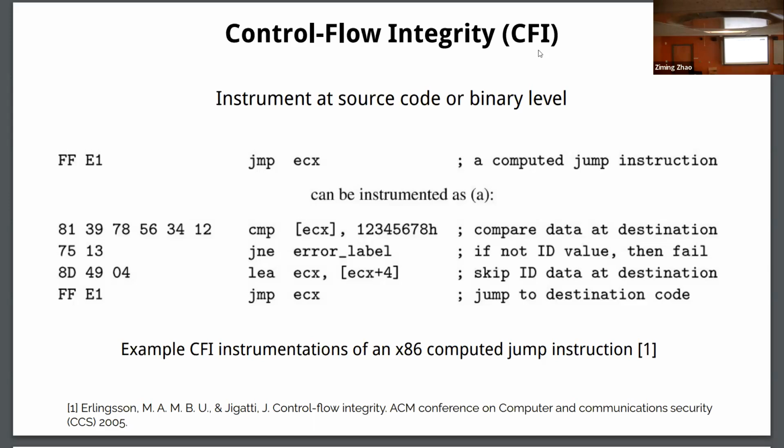If we want to say the call has to call into a function that has the correct prototype, then all the functions with the same prototype will generate the same ID. So that's more like a policy, but the mechanism is the same mechanism. Make sense?